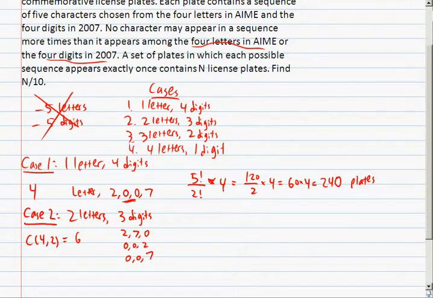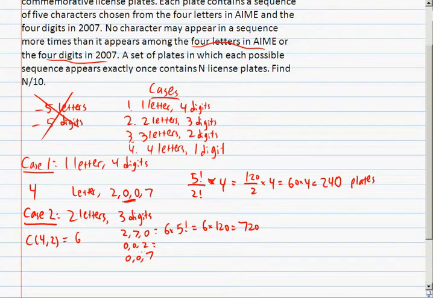For each of these combinations of digits that we can choose, in the first case we would have 2 distinct letters and 3 distinct digits. That gives us a total of 5 objects to permute, which can be done in 5 factorial ways. Then we multiply by 6 to account for the number of ways we can choose 2 letters. So we have 6 times 5 factorial, which is 6 times 120, which is 720 in this situation with 2, 7, and 0 as the digits.